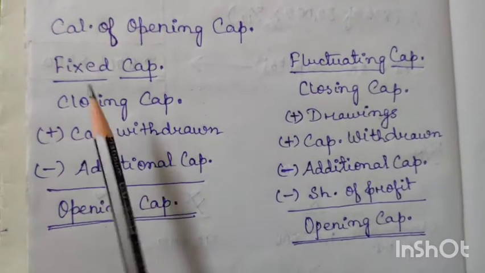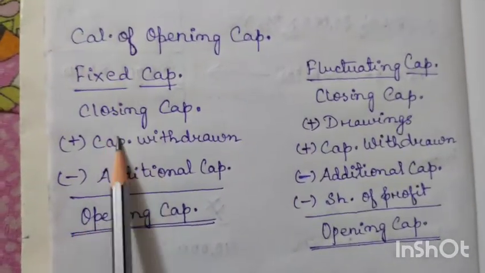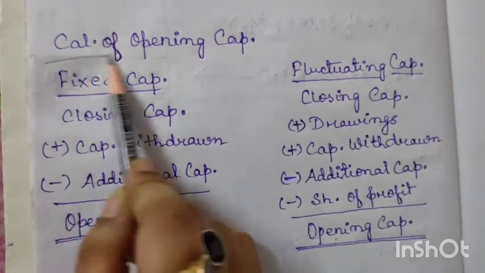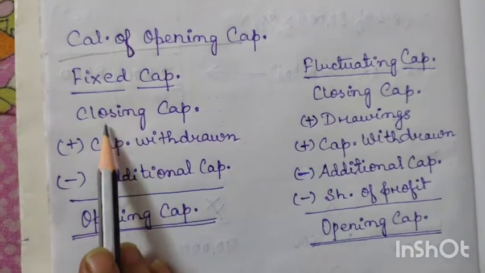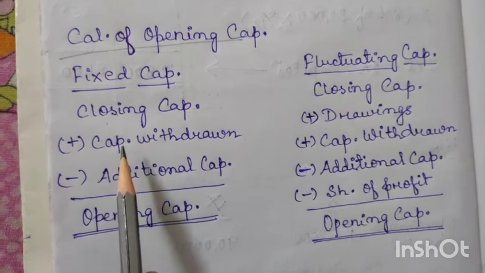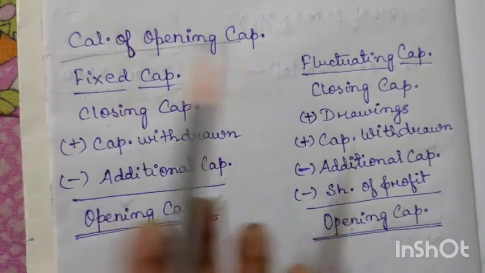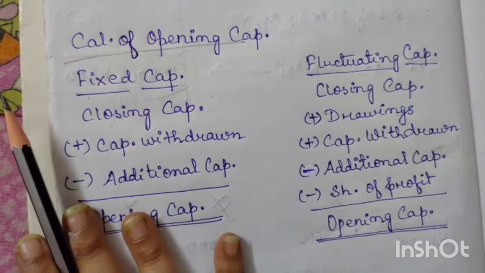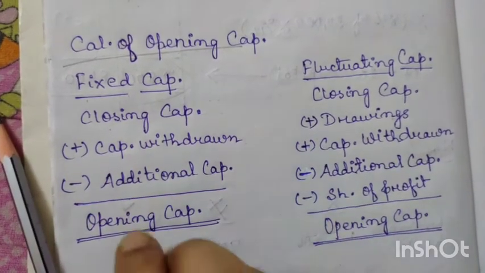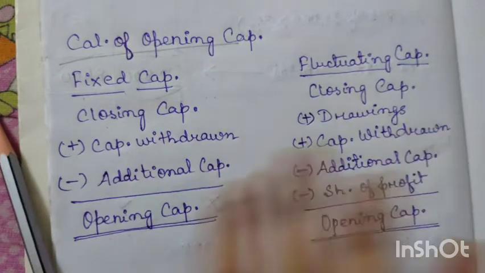Let me tell you the formula once again. Under fixed capital method, how do we calculate opening capital? This is when the capital is fixed. Fixed capital means we keep our capital aside and keep all the income and expenses aside.